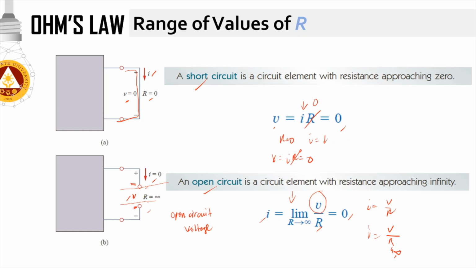You may remember that from your differential calculus. Therefore, in an open circuit we have an open circuit voltage, usually with notation V sub O. Our R is approaching infinity, and our current is 0.